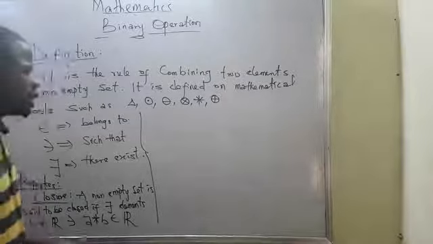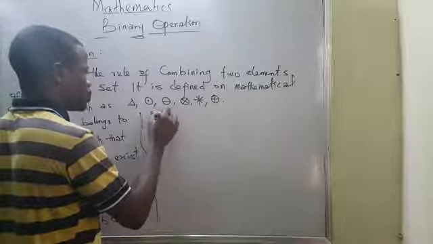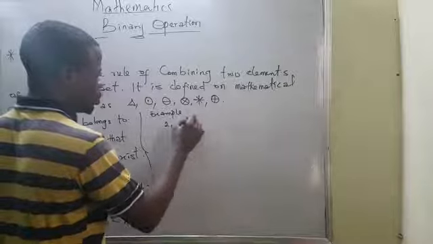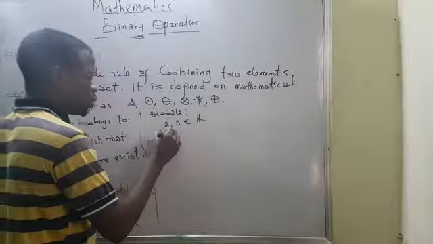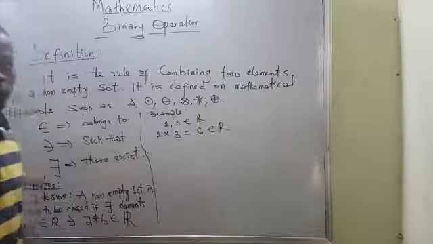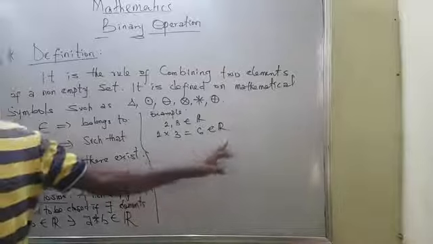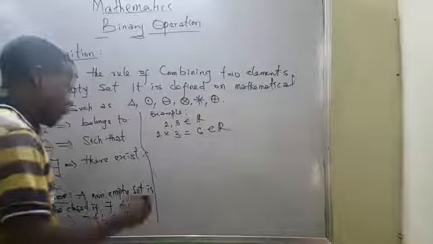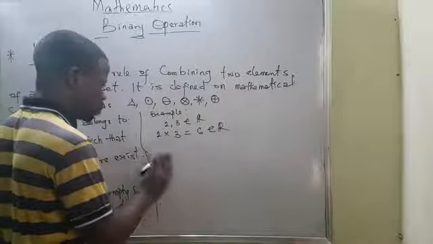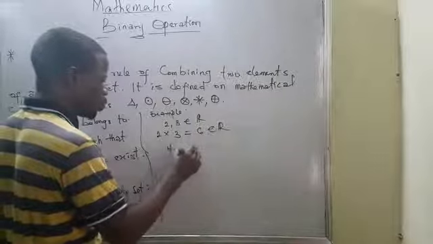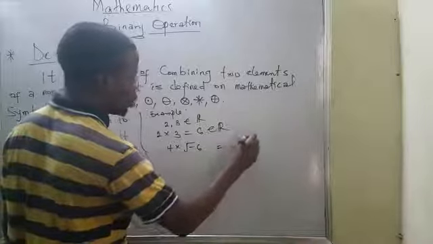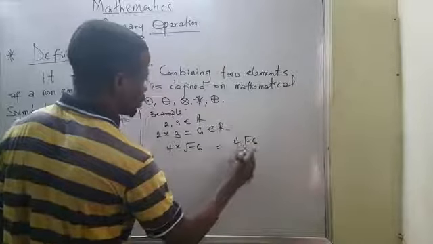Then what happens? Let me give an example. Of course, you have 2 and 3 belonging to the set of real numbers. So I can say 2 times 3 will give you 6, and 6, of course, belongs to the set of real numbers. So which means this is closed. But if I say I put 4 times the square root of minus 6, that will give me 4 root of minus 6.